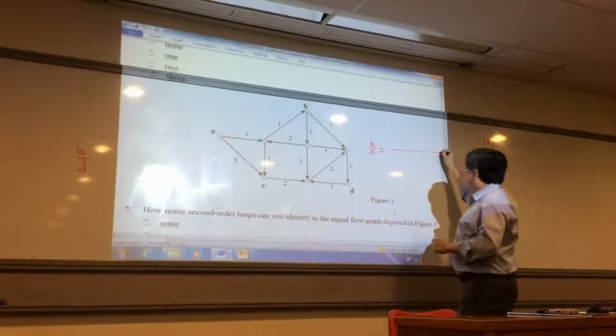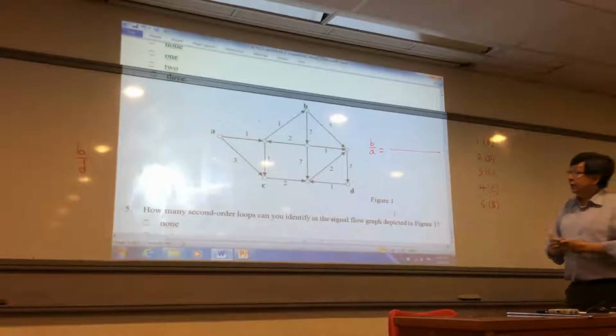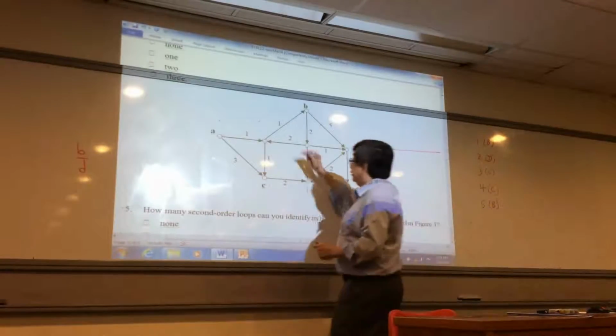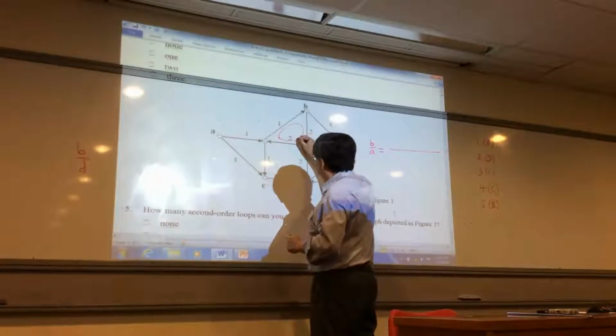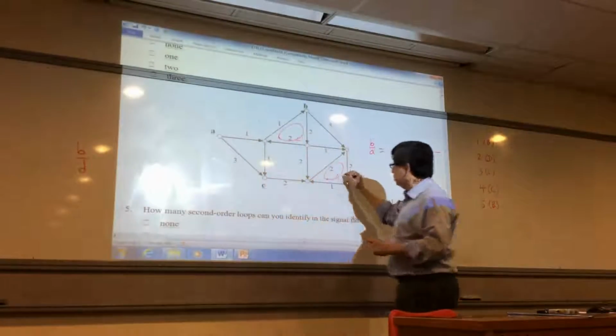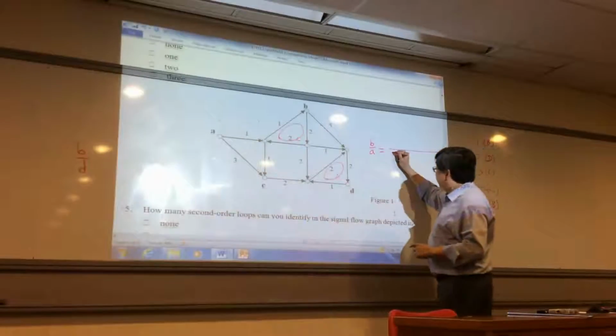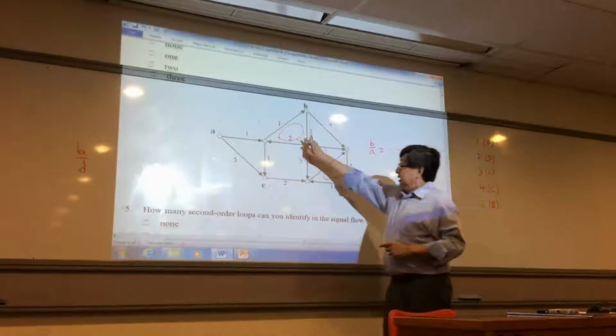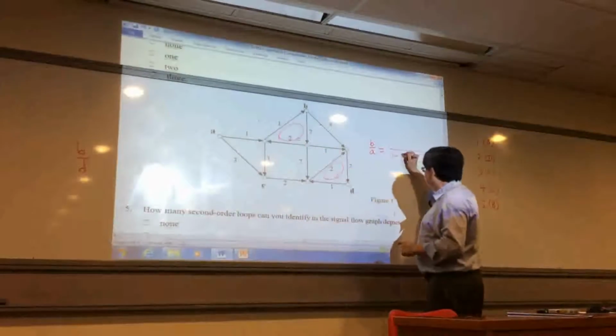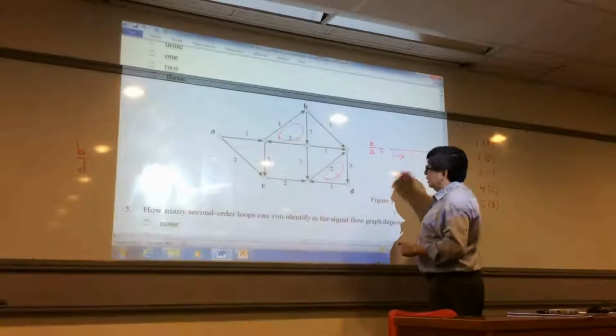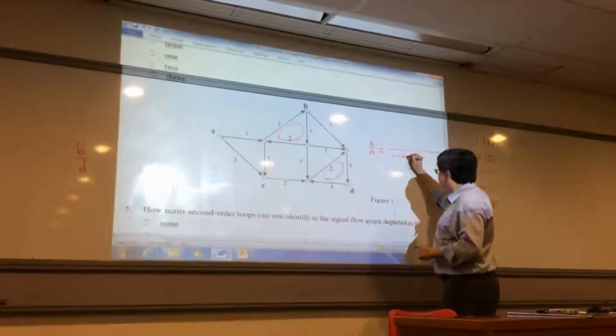first of all, you need the denominator. The denominator requires you to look at this first order loop and this first order loop. So the denominator is 1 minus, this is 2 times 2, that's 4, and this is again 2 times 2, that's another 4.